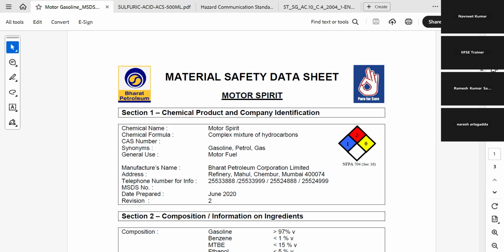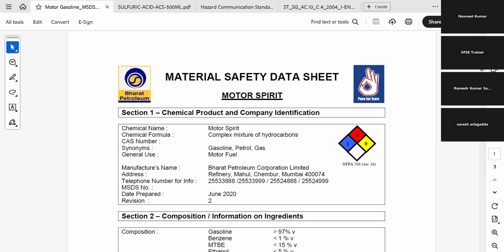Likewise, UN and ADR full forms, can you tell, sir? ADR is basically for dangerous goods, for the European Union, whenever you are sending any dangerous goods or such kind of chemicals. ADR stands for the dangerous goods representation for the transportation of chemicals. Sir, we want the full form.